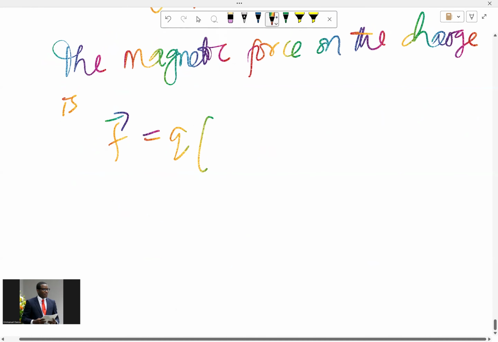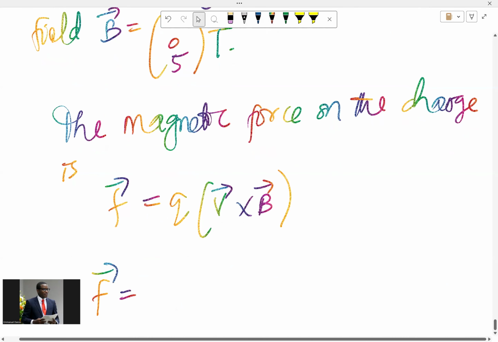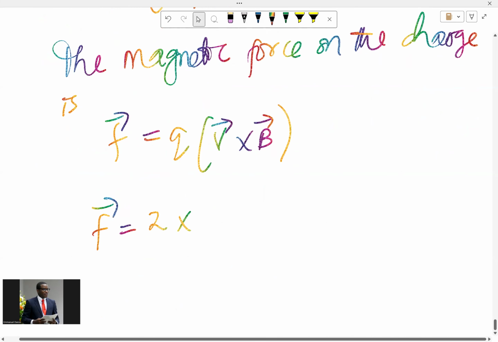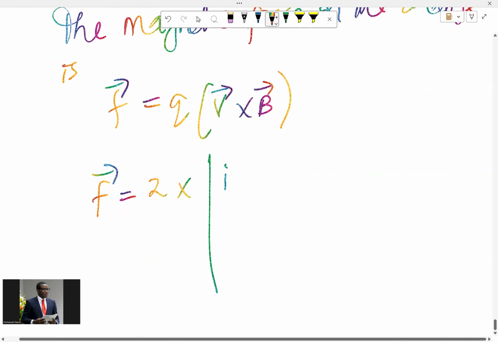So F equals Q, which is 2 coulombs, multiplied by the determinant. So we have I, J, K. V is 340, and this is 0.05. So F is equal to 2 times.